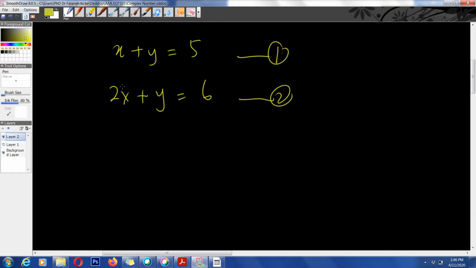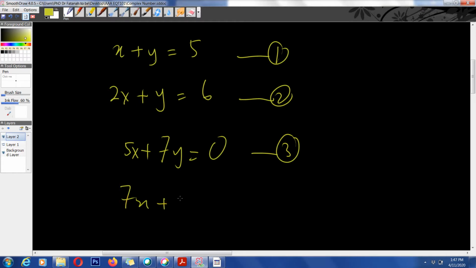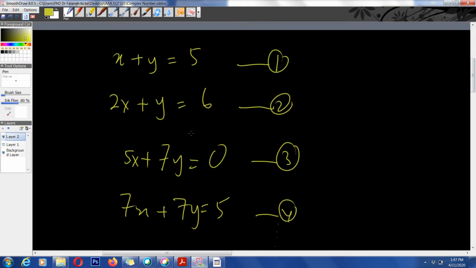But if we have more than this, another equation like 5x plus 7y equals 0, and then 7x plus 7y equals 5, and so on, we can simplify this by using a matrix system.